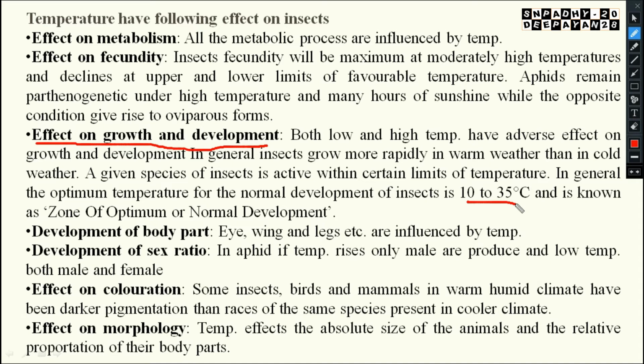That will be the normal case, and this zone is known as the zone of optimum or zone of normal development. It may come in the short question. This is important. So what is the temperature preferred by the insect? That is 10 to 35 degrees centigrade.